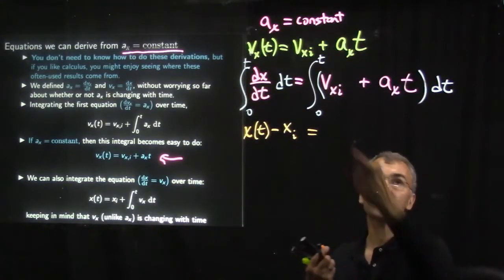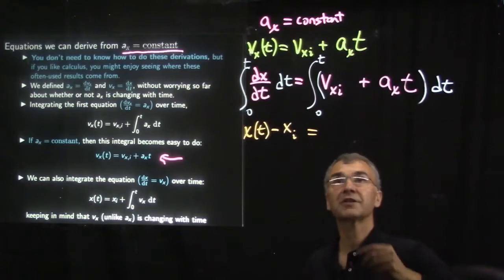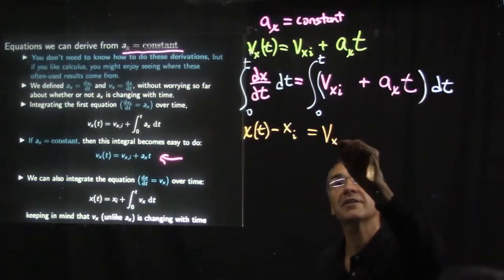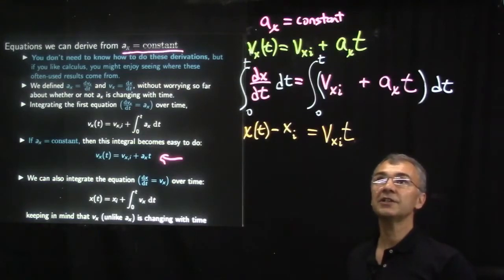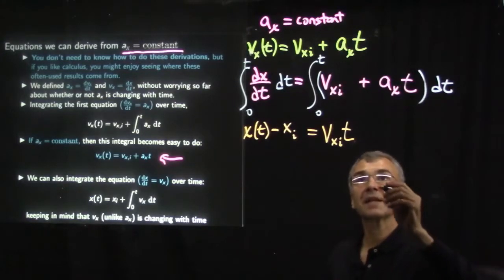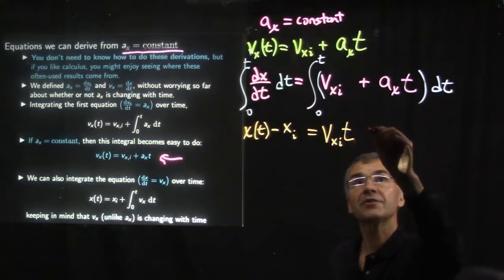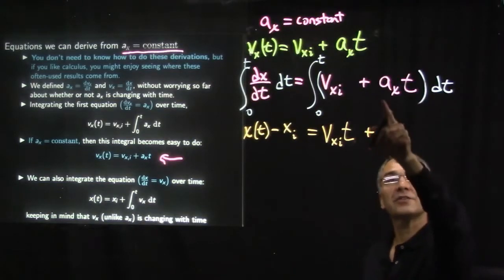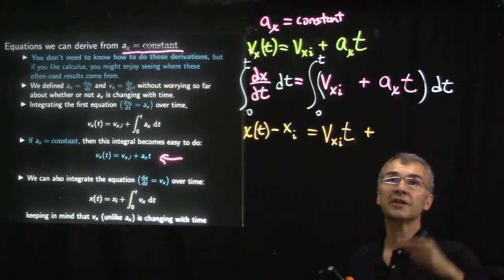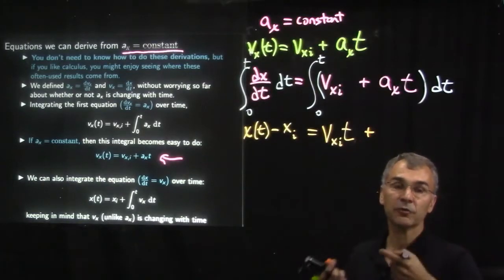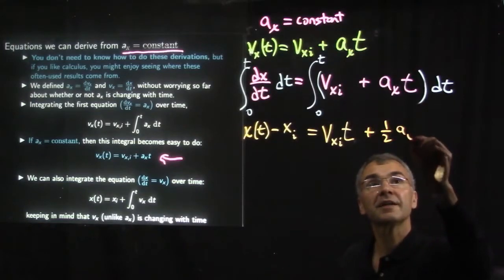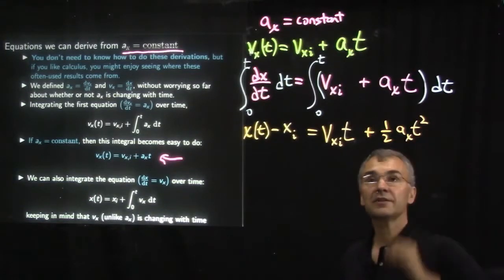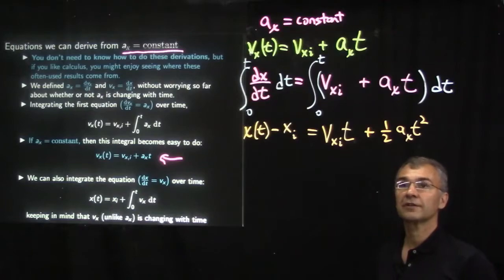So when you integrate a constant, you just multiply by the variable you're integrating by. So this is v x initial times t. And this is a constant times t. So remember, if you integrate t, you get 1/2 t squared. So this is 1/2 a sub x t squared.